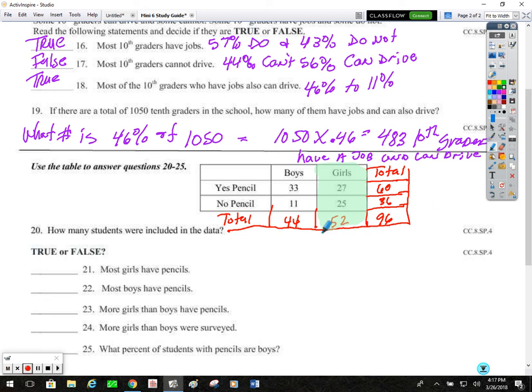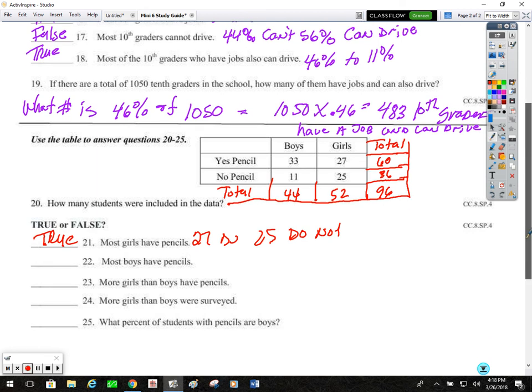Okay. Most girls have a pencil, so we're looking at the girls. Looking at the girls, 27 girls have a pencil, 25 girls do not. Okay, so that one is true. 27 do, 25 do not.